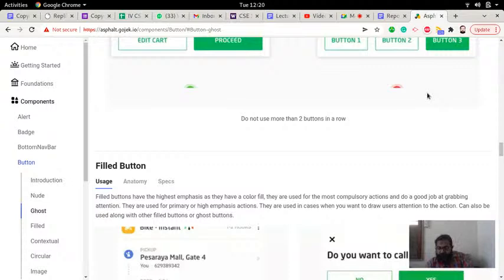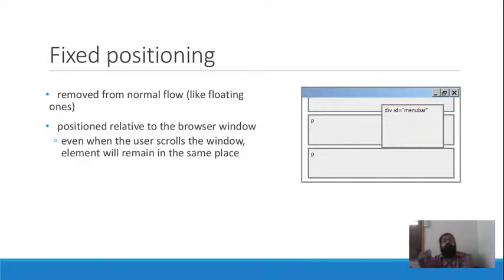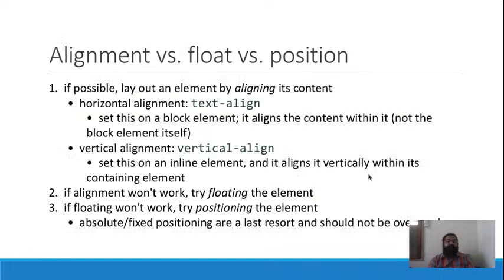When you click on that, no matter what you do, you scroll up, down, left or right, that particular chat element will be placed exactly at the same location, and it will still be visible at the same location. So that is displayed with respect to the browser's window. It is positioned relative to the browser's window, and even when the user scrolls, the element will remain in the same place.